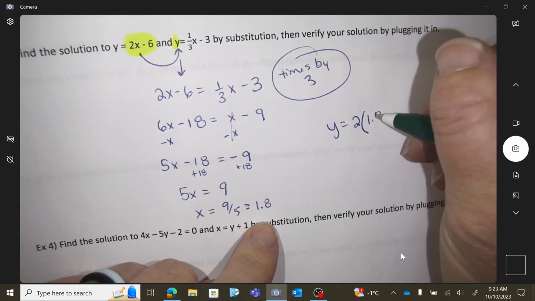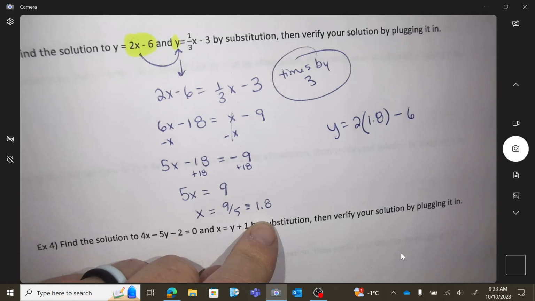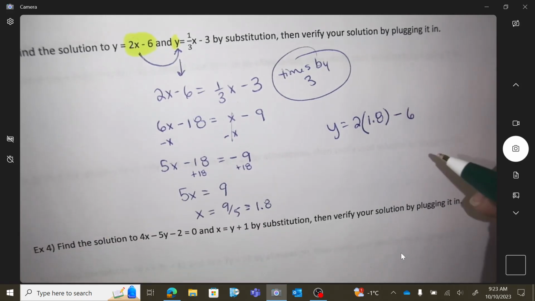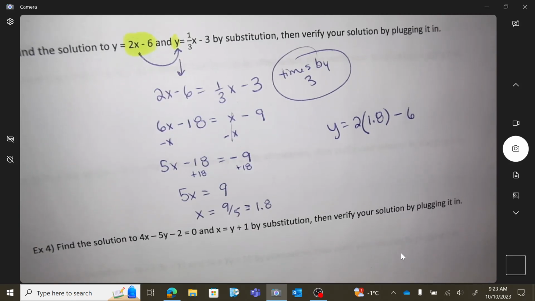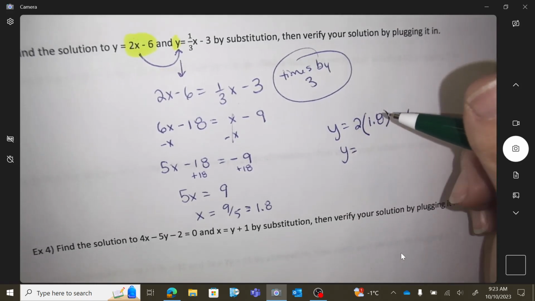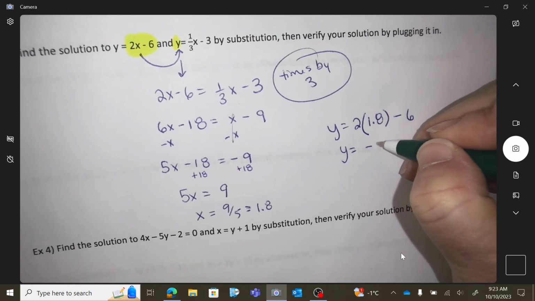I'm guessing most of you are just going to be typing this into your calculator, so I may as well use that decimal. If that was a decimal that went on and on and on, you should use the fraction though. And then you can probably type that into your calculator.